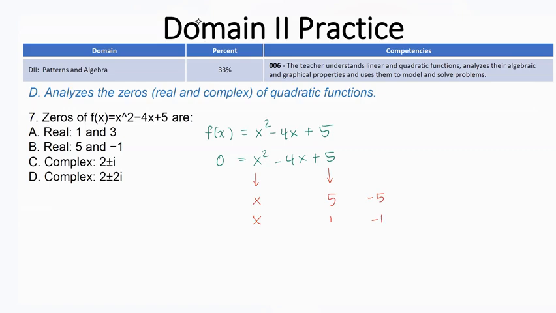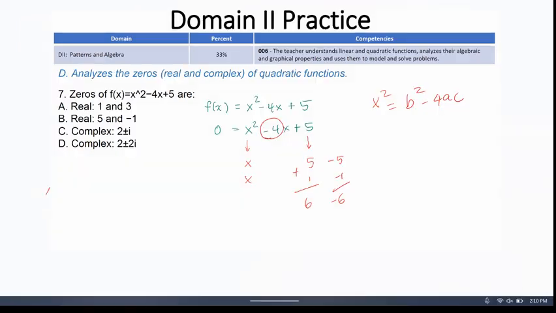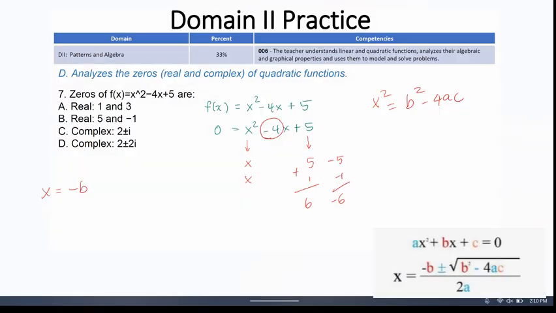But we need to figure out what our values are here. Negative b plus and minus the square root of b squared minus 4ac, divided by 2a. Okay, so let's start.